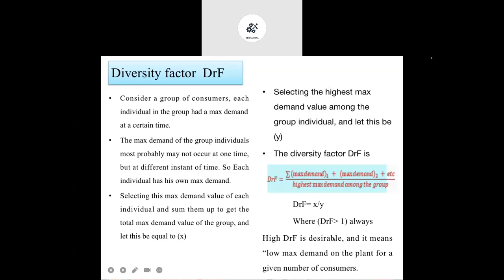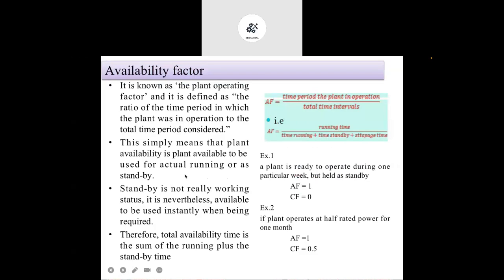So a high diversity factor is desirable for the power plant. Sorry, the value of the diversity factor is greater than 1, it is not 0 to 1. It is always greater than 1, because as we know, the summation of the maximum demands of each and every individual is always higher than the highest maximum demand. So that is the diversity factor.